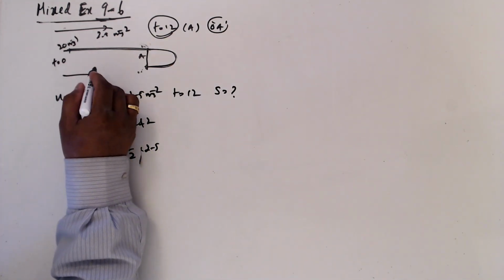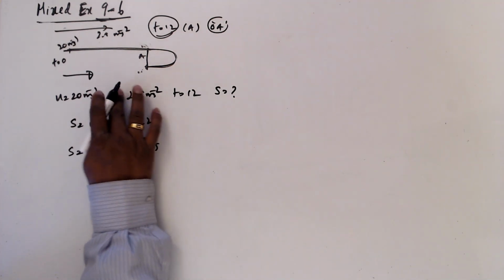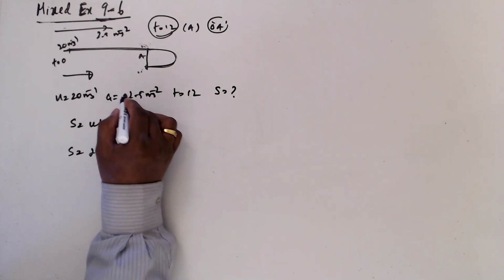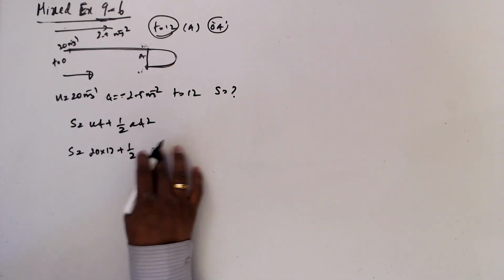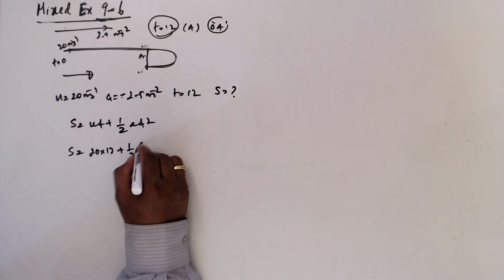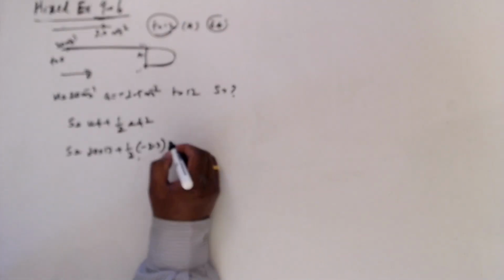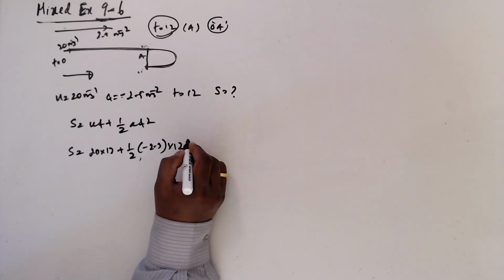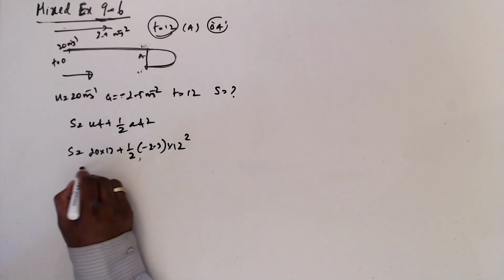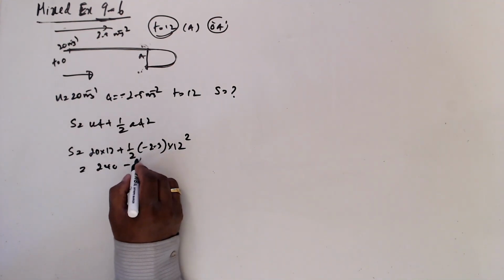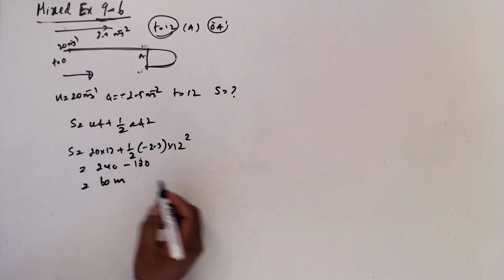This is the direction and this is a deceleration, so it is going to be negative 2.5 because of deceleration, minus 2.5 times 12 squared. So with this we get 240 minus 180, that is 60 meters.